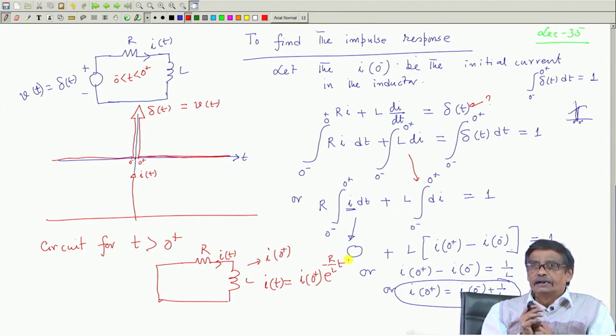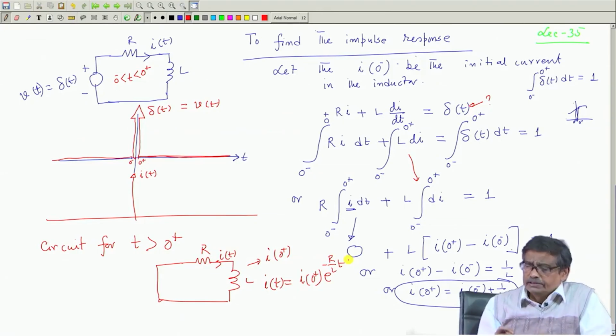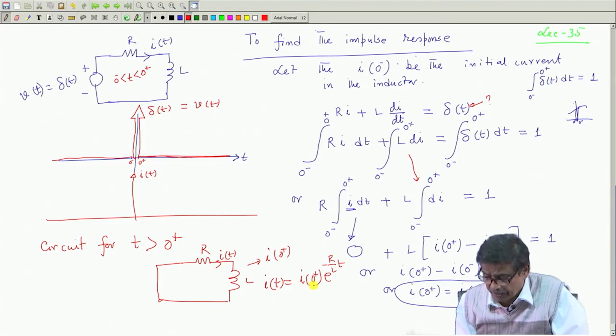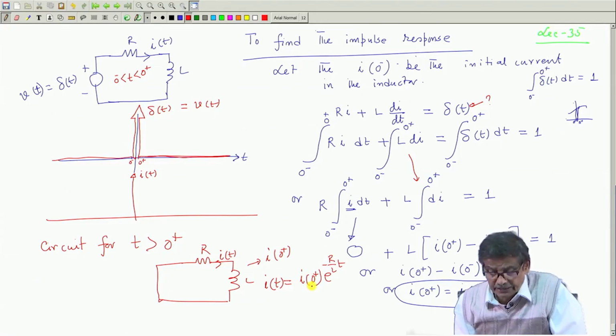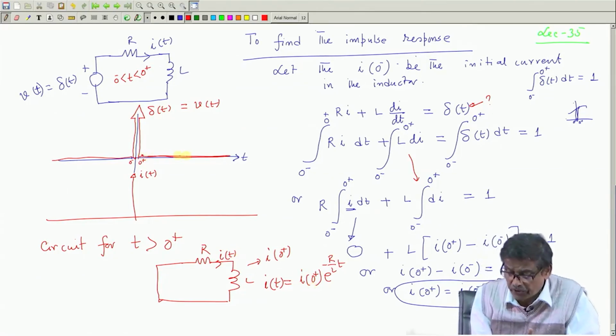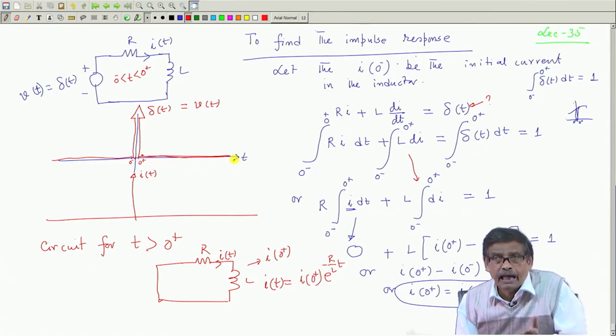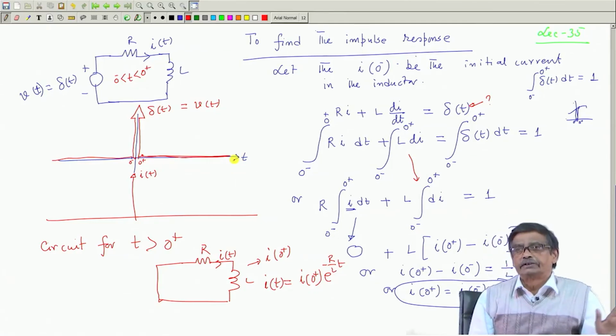Got the idea? That is, impulse will change the initial current in no time. It was I 0 minus, it will suddenly make it I 0 plus, and for t greater than 0 plus, the circuit is shorted; the impulse appeared and it vanished in no time.